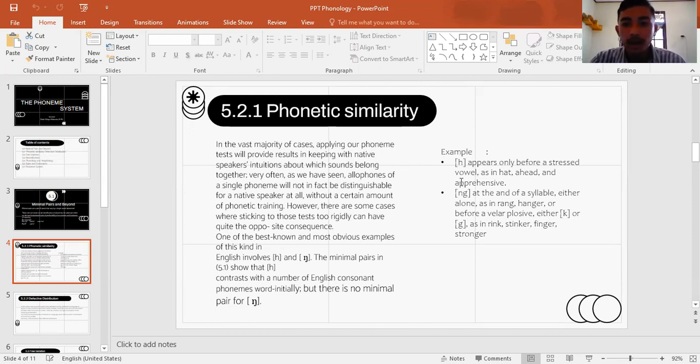For example, h appears only before a stressed vowel, as in ahead and a prehensive, and ng at the end of a syllable, either alone as in rank, hanger, or before a velar plosive, either k or g, as in ring, stinger, finger, and strong.